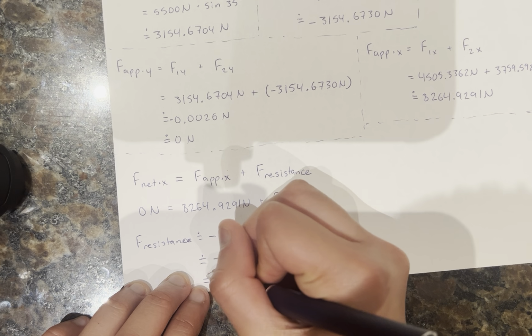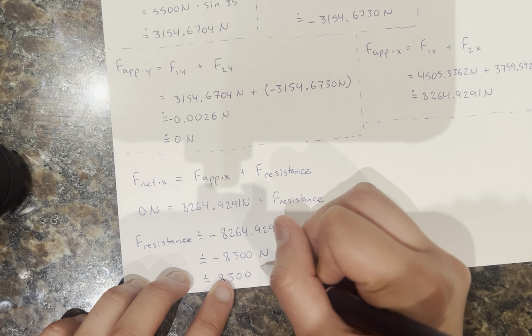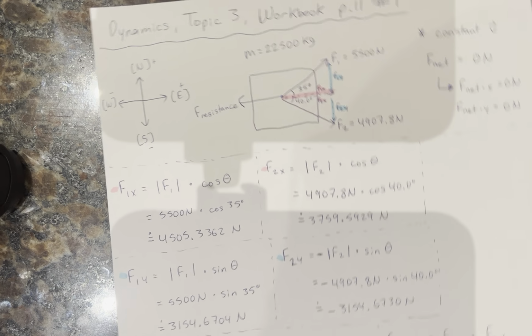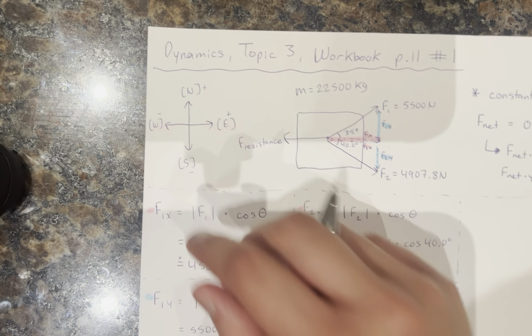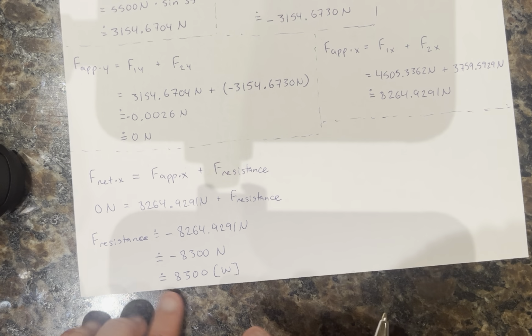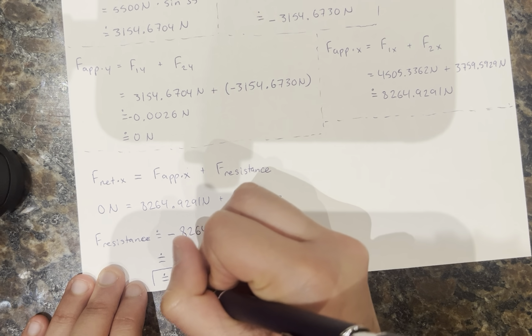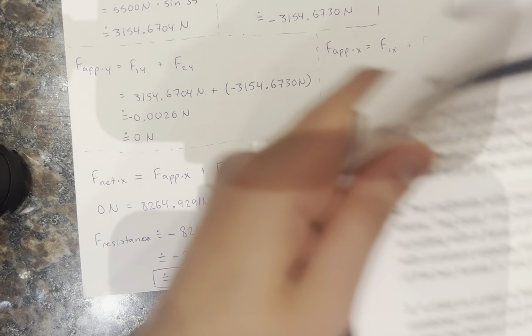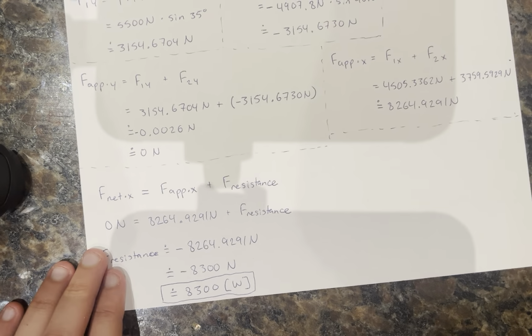And if we convert that into a direction, we can go back to the reference frame up here, and we see that a negative value in the x direction is west. So we know that it's going to be in the west direction. And that here is your final answer. And if you look in the answers in the workbook, it's the exact same.